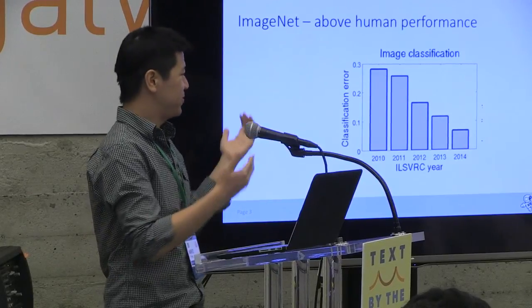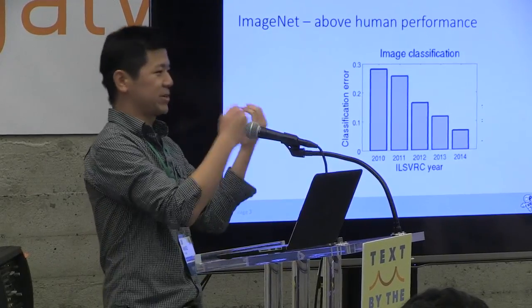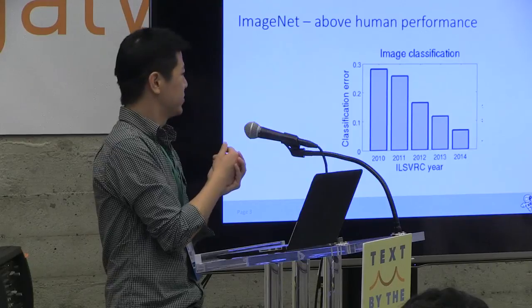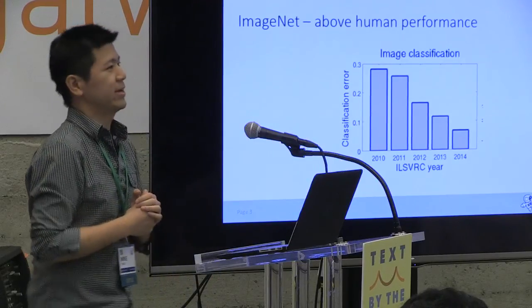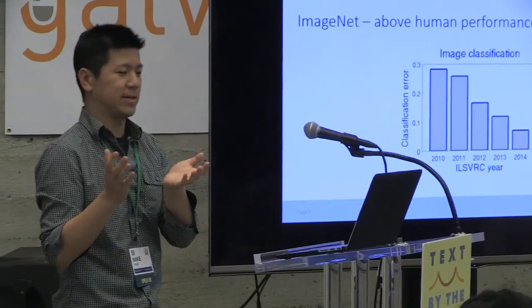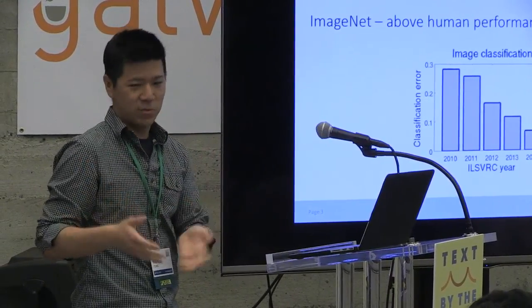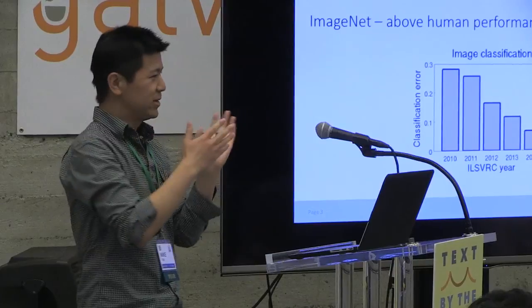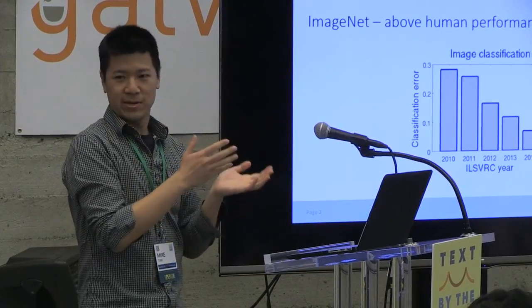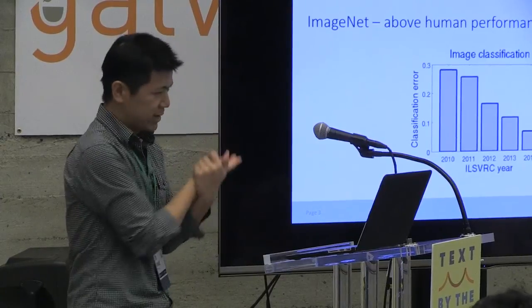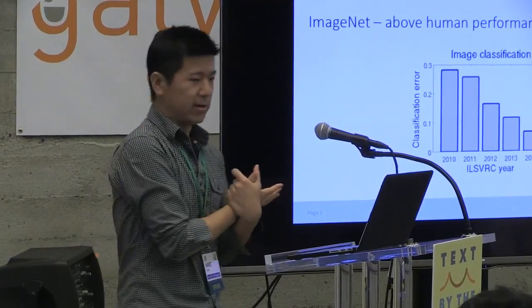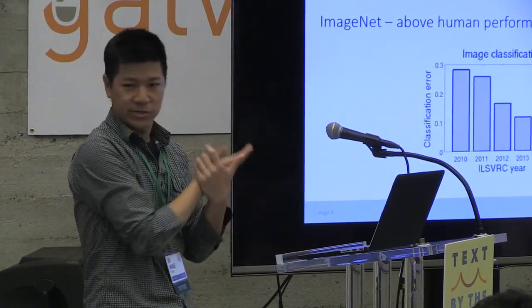In terms of how it feels, it's really like a step function up, not just a linear improvement. It's moved from something that's not useful, pretty much random, to something that's better than human and can be used in certain limited applications. This is one of the great successes of AI recently.